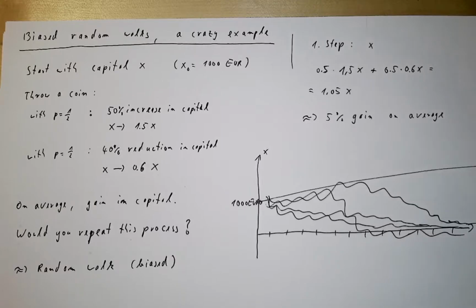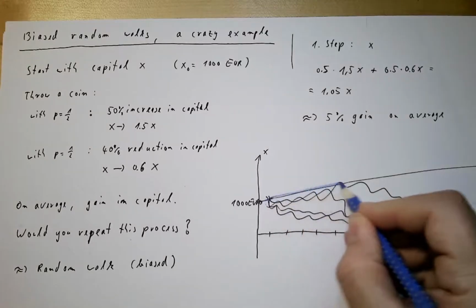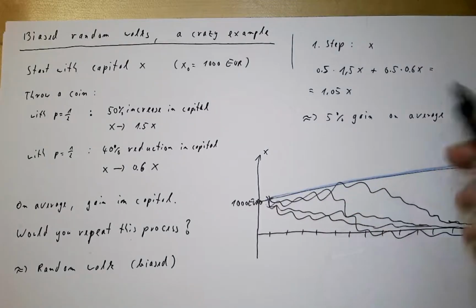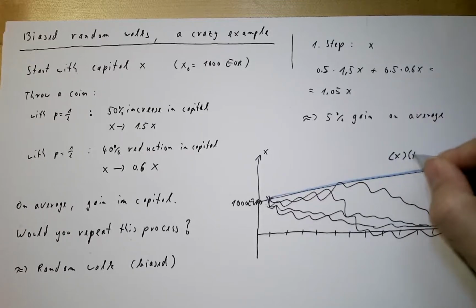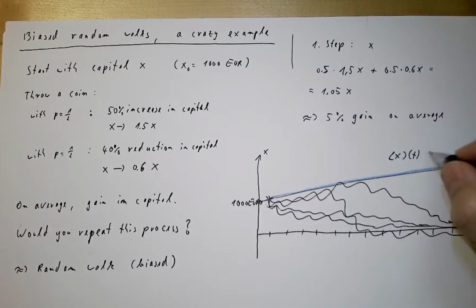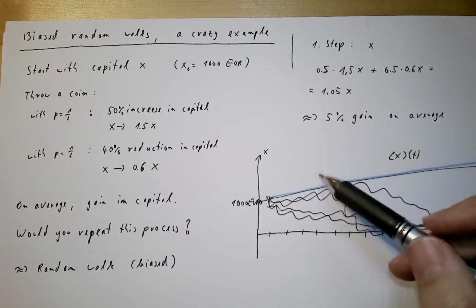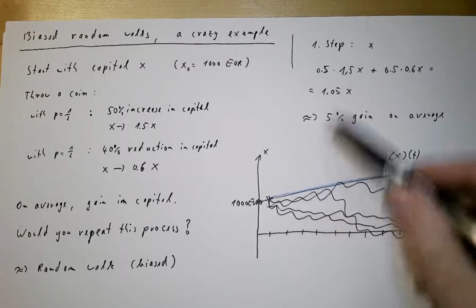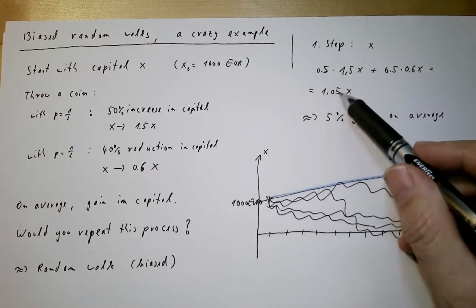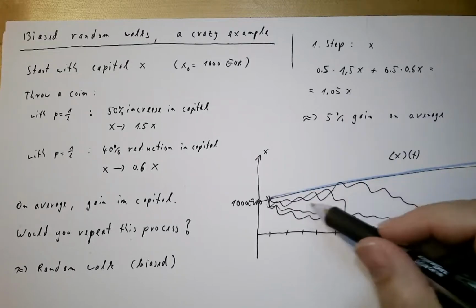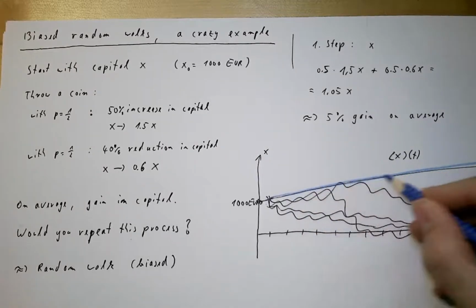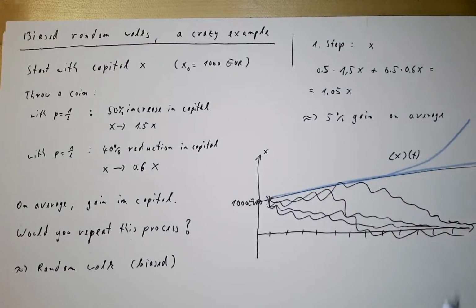So how can it possibly be that we have a random walk where the expected value of x is increasing exponentially with time, but every realization goes down to zero?